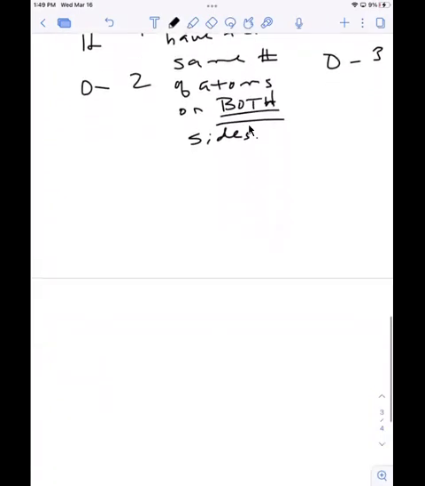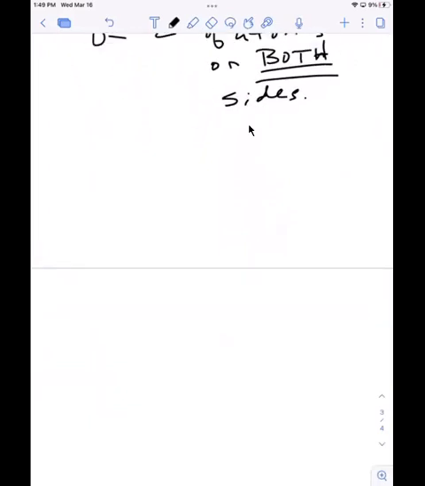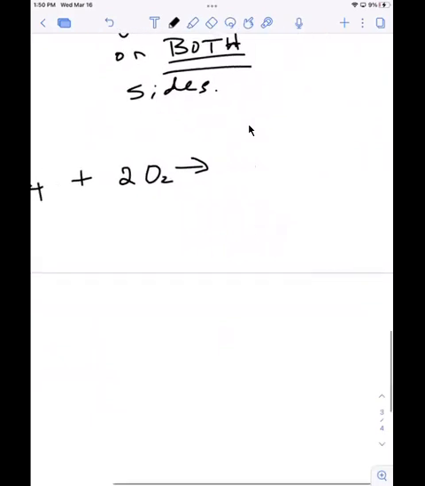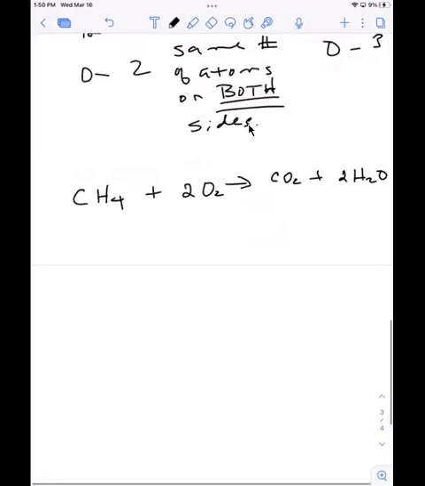So I'm just going to put this in because we're running short on time, but tomorrow we'll discuss it in more detail, like why we did what we did. But let me go ahead and put in the coefficients. So this is CH4 plus 2 O2, and that's going to give me CO2 plus 2 H2O.